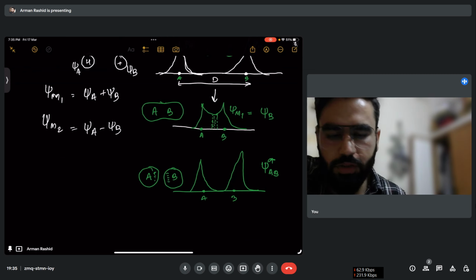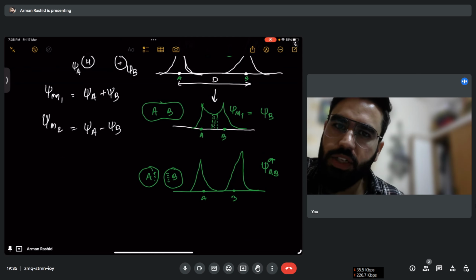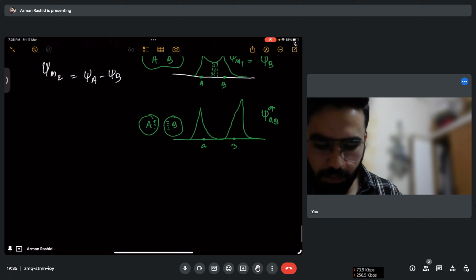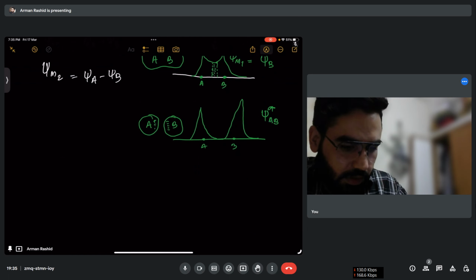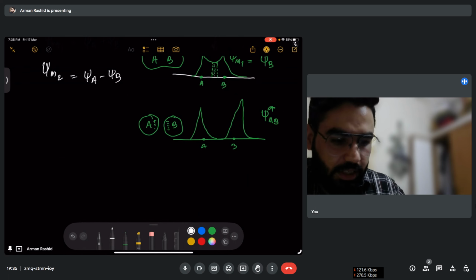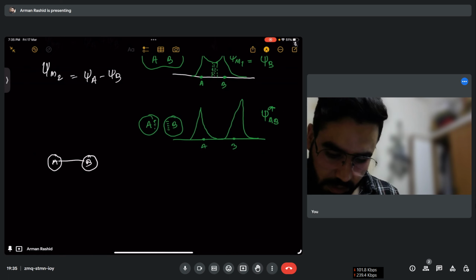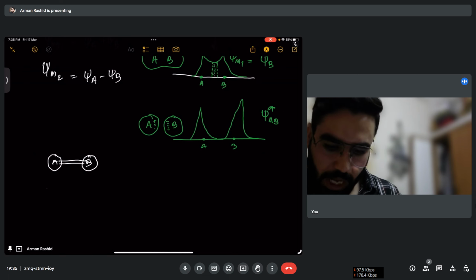Now we have created the two states. If we want to make a transition between these states, we need some energy, but it is more complex. These are not the only states that can arise. Since the two hydrogens are now bound to each other, we can consider them as balls, and these balls can vibrate.